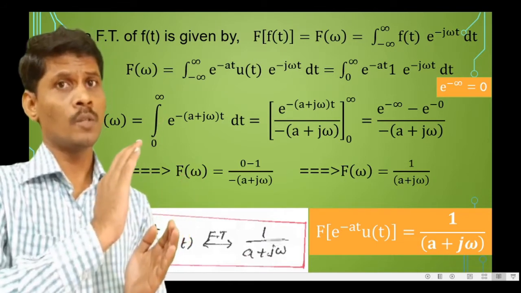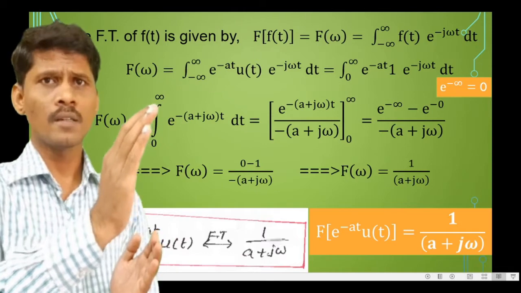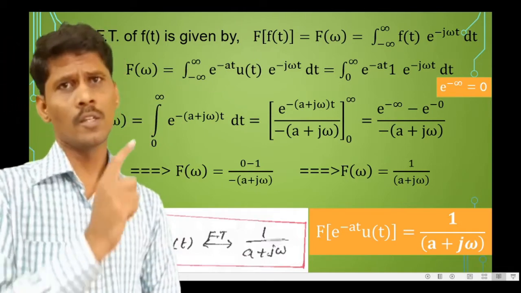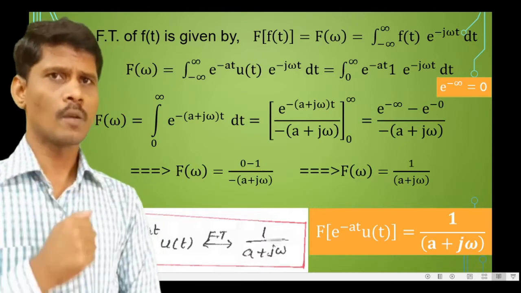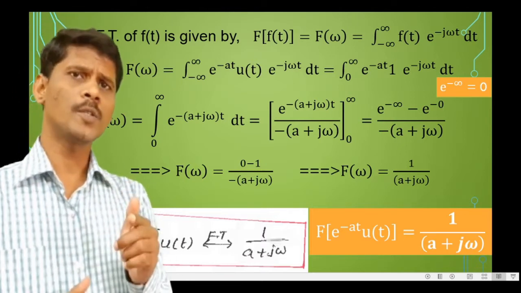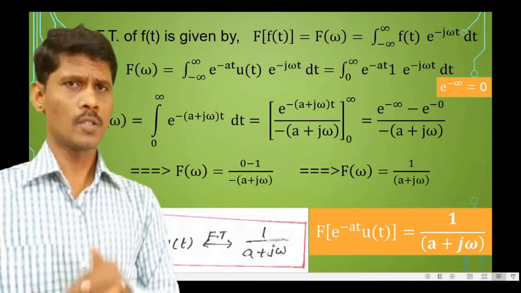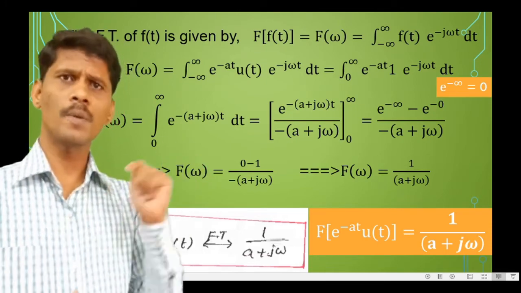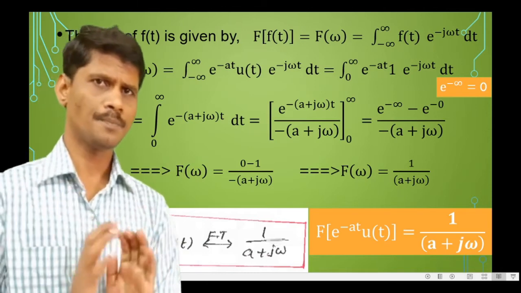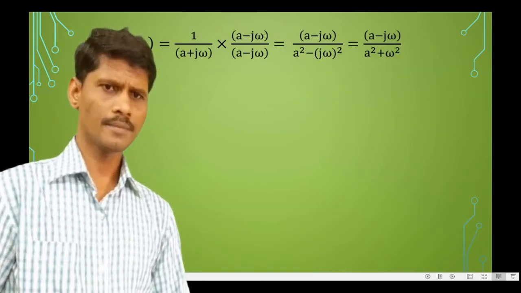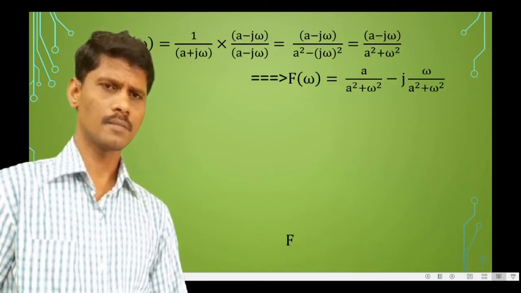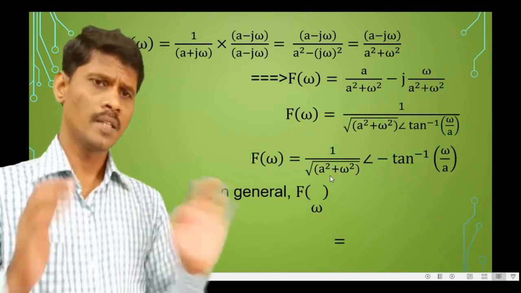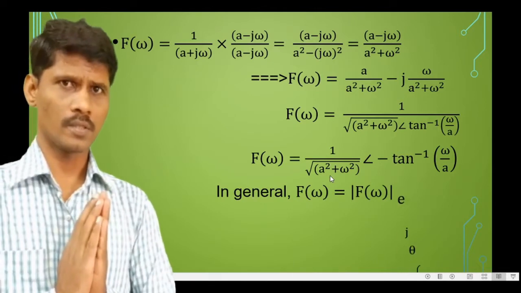So magnitude of numerator divided by magnitude of denominator. What is the numerator part? 1. So magnitude of 1 is 1. What is the denominator part? Magnitude of a plus j omega. What is the magnitude of a plus j omega? Square root of a square plus omega square. Okay. That is this one, 1 divided by under root of a square plus omega square.